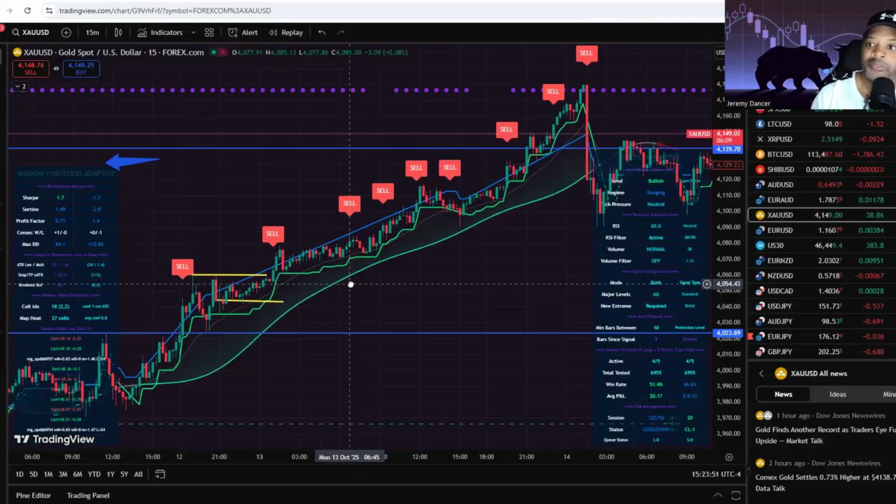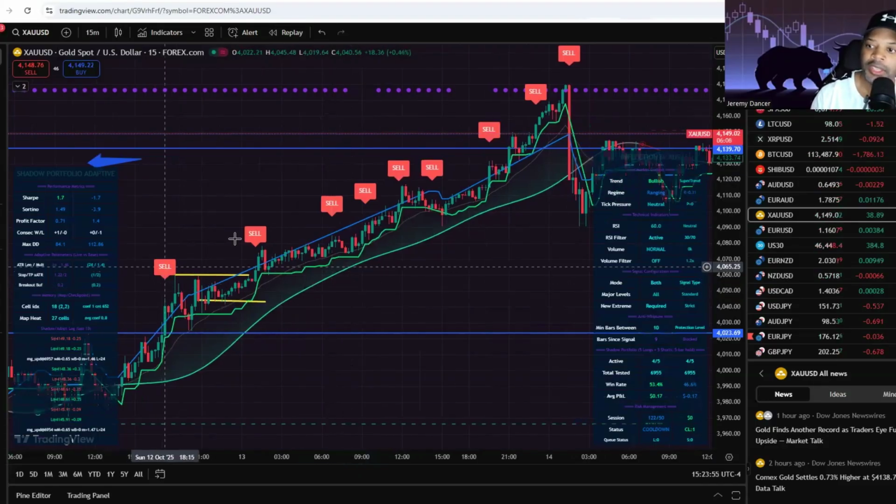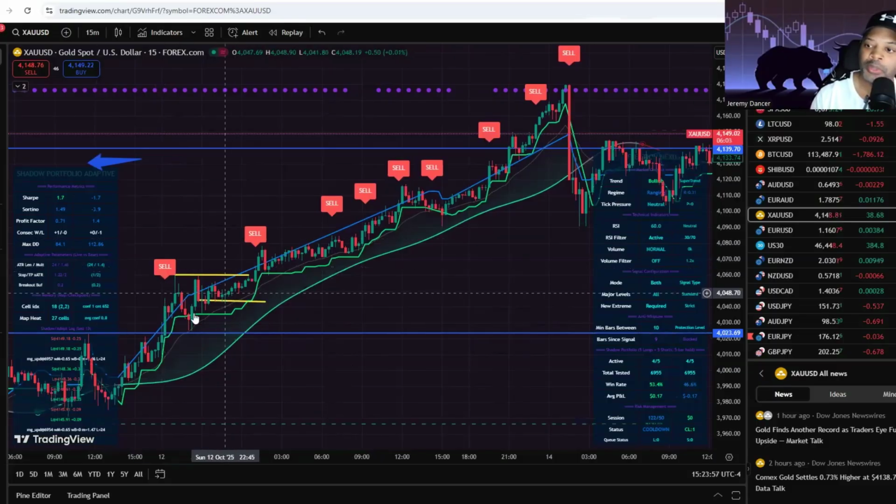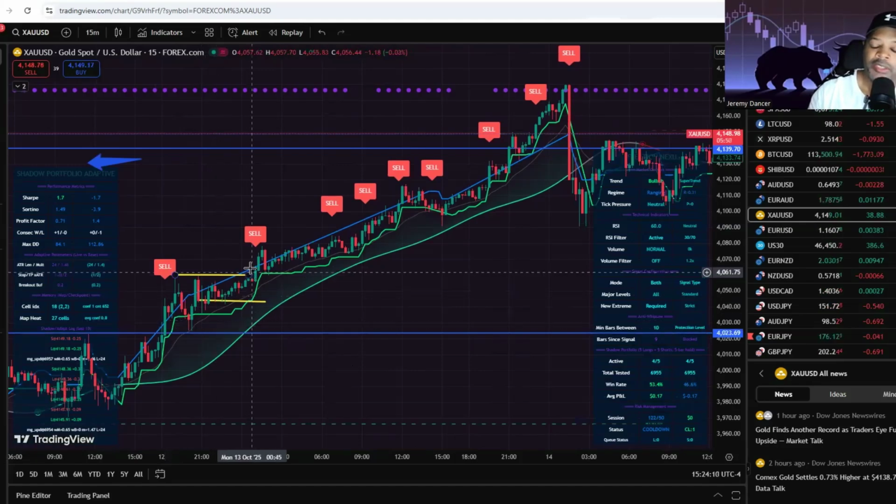AI is very, very important because it's telling us that in a perfect world, this is what should happen. The price should have gone down. But as a professional trader, as someone who is a student of the industry, you can apply your other knowledge and your other strategies with this, and you can still make sense of everything.